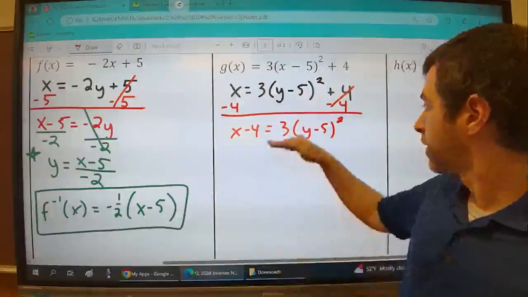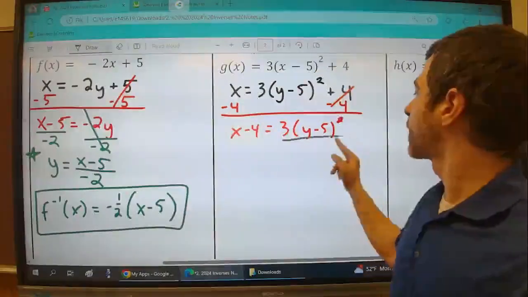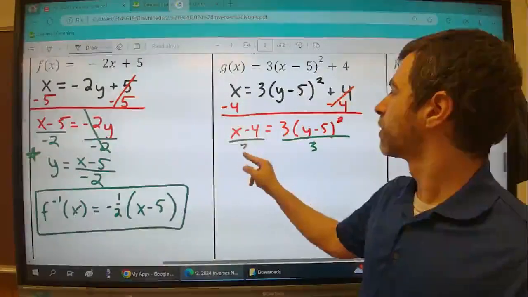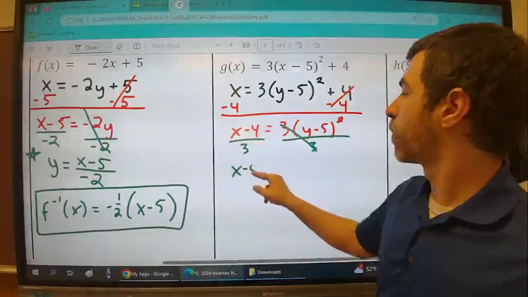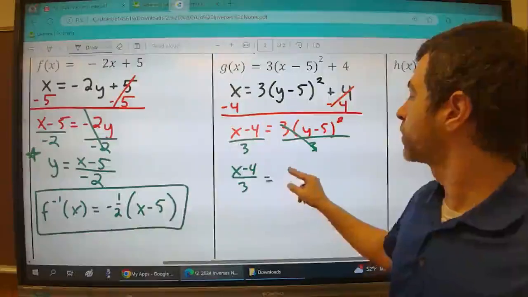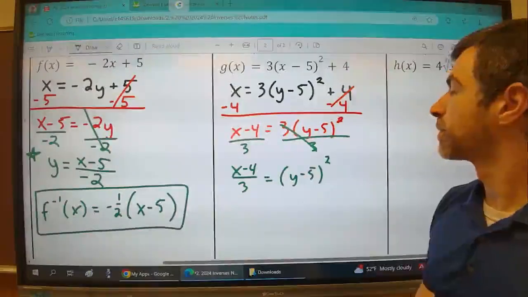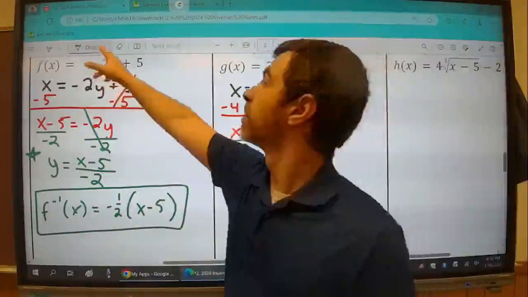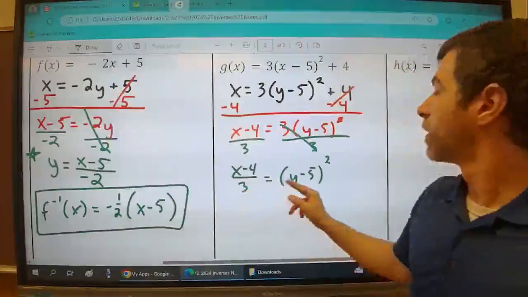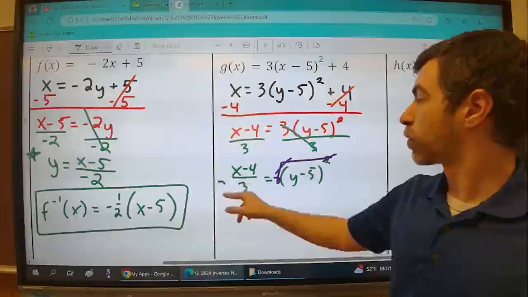Next thing to do is divide by 3. So divide both sides by 3. That'll cancel. And we have x minus 4 over 3 equals y minus 5 squared. The next thing to do would be to take your square root. Square root of all this will cancel.